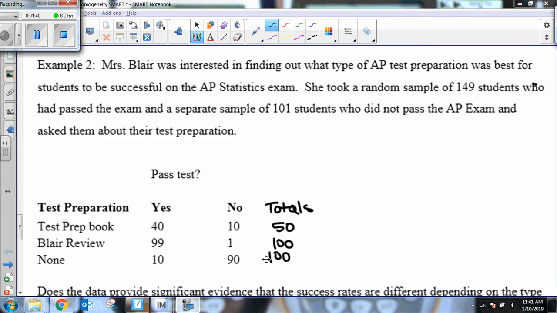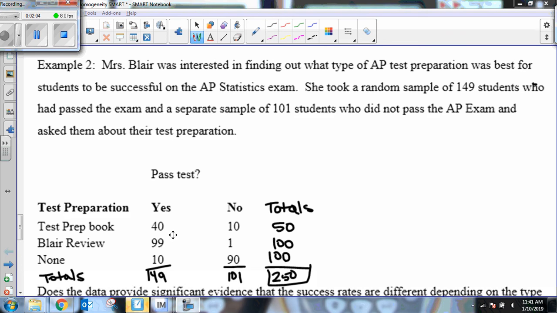So that's a total of 250 people that I sampled. That's my grand total, okay? Now, out of the 250 people, 149 passed the test, and 101 did not. So we've got our totals in here, and those are going to help us with our expected counts.